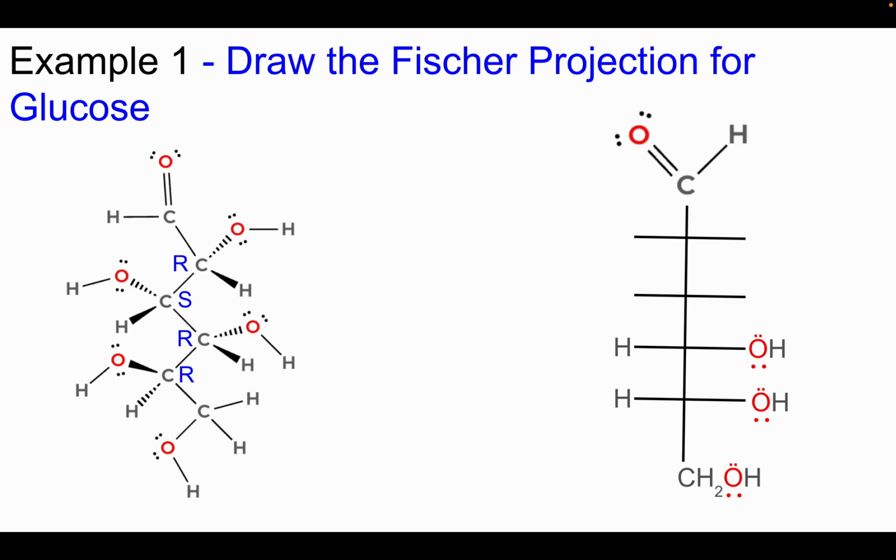That one's also going to the right because this carbon is R. The next carbon is S, so the OH group is going to the left. And then the top carbon is R, and so the OH group is going to the right. And so this is D-glucose, and again, it's a D configuration because this bottommost stereocenter is pointed to the right.